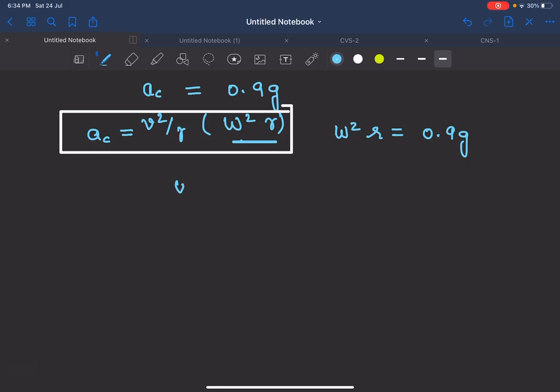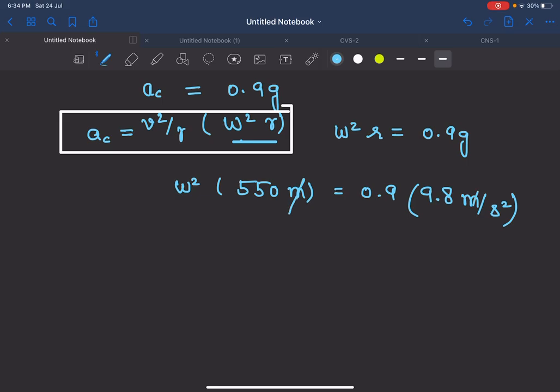So basically what we have to do is, omega square into 550, which is the radius, 550 meters, is equal to 0.9 into 9.8 meter per second square, which is the value of acceleration due to gravity at the surface of Earth.